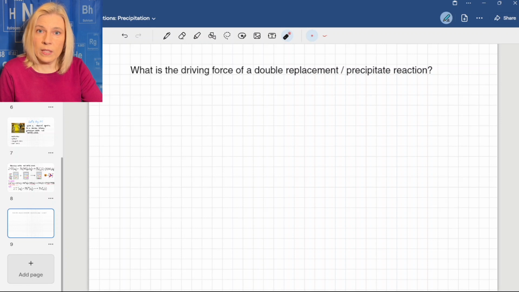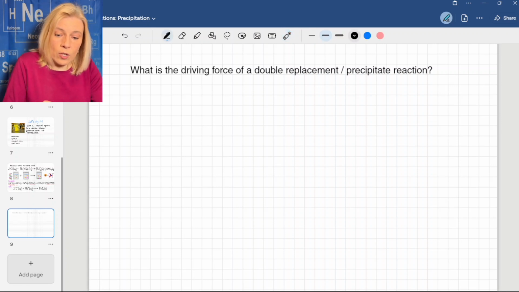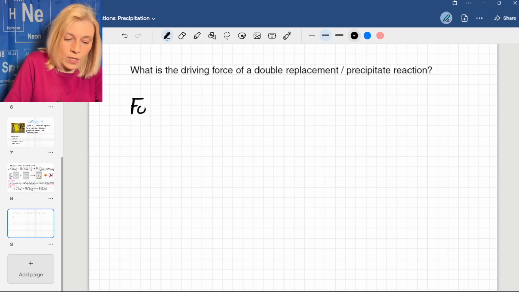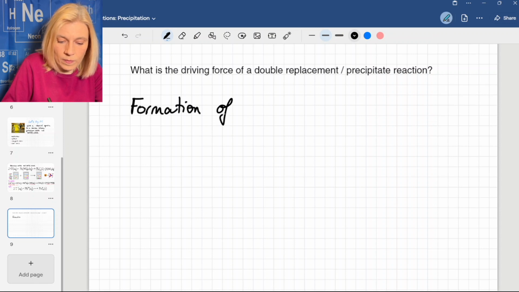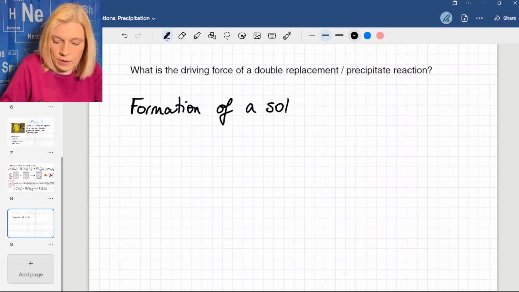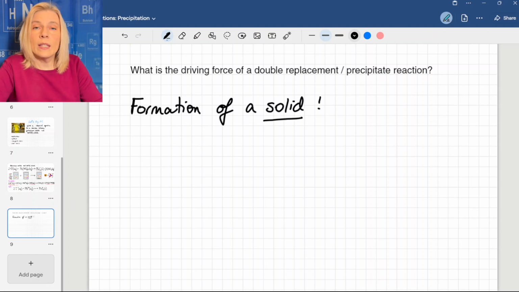Well, what happened in these reactions? Both examples you saw, the driving force of a double replacement precipitate reaction is formation of a solid. That's why these types of reactions happen.